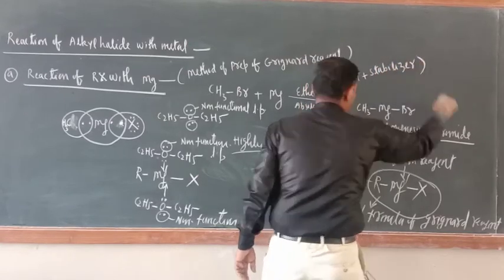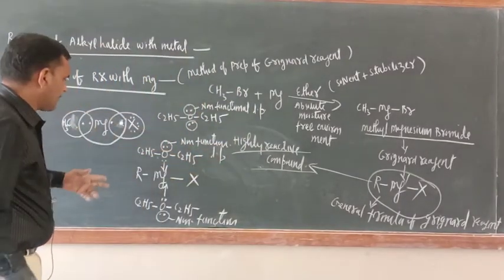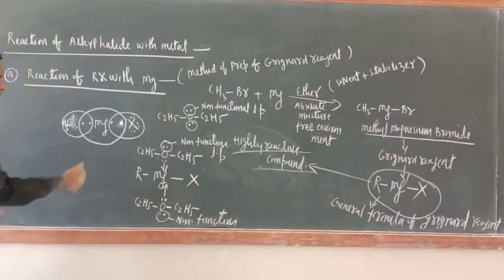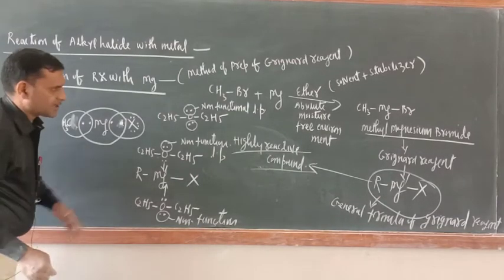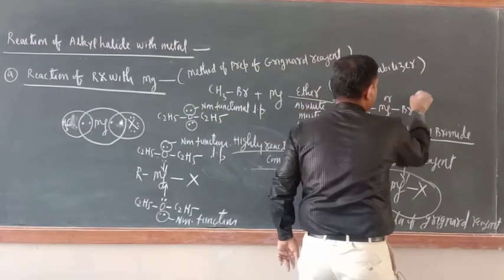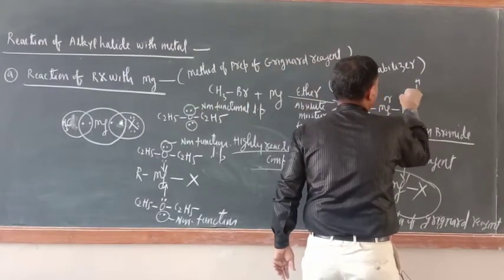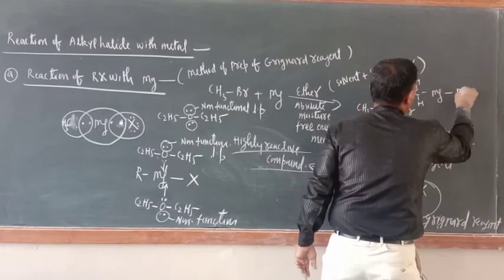Now just see, Grignard reagent is an organometallic compound. So just try to understand. If I am writing the structure of this one, CH3, how will you write its structure? CH3, here Mg and here Br.